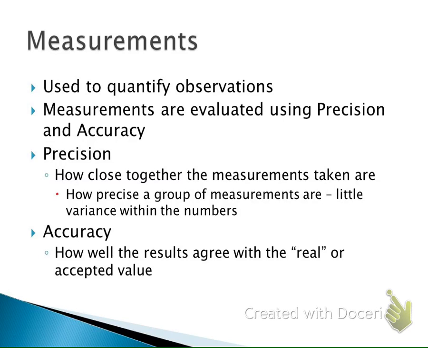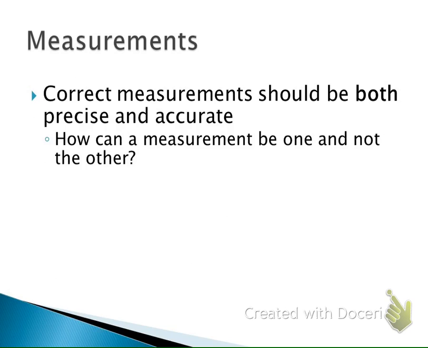So is there a way that we could have one without the other? Okay, you can have precision but not accuracy if you read an instrument consistently wrong, but how can you have accuracy and not precision?